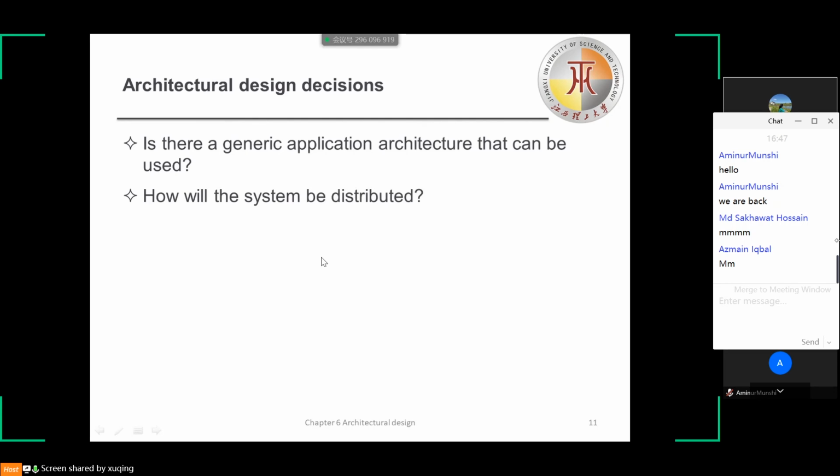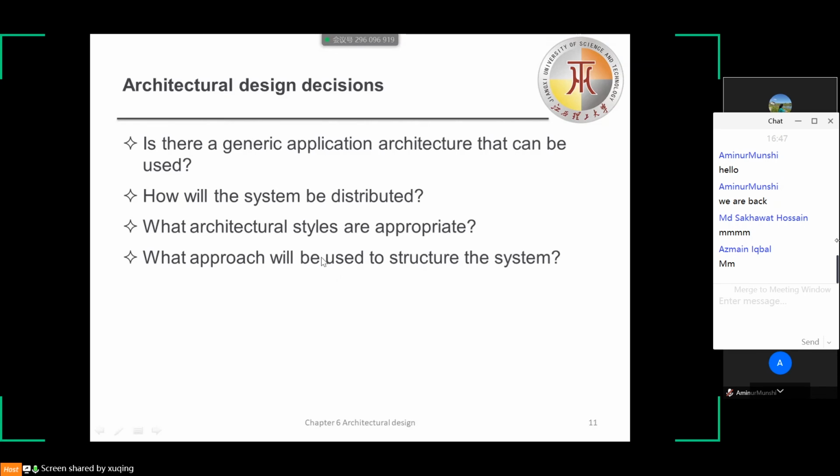Second question is, how will the system be distributed? We may distribute the system across different cores or processors. So this question, how the system will be distributed, is also an important question to lead the decision. The third question is, what architectural patterns or styles might be used? What kind of architectural styles are appropriate?